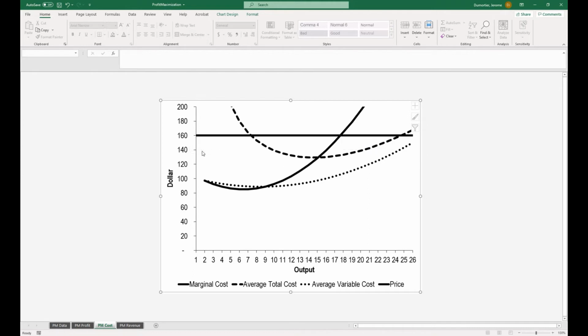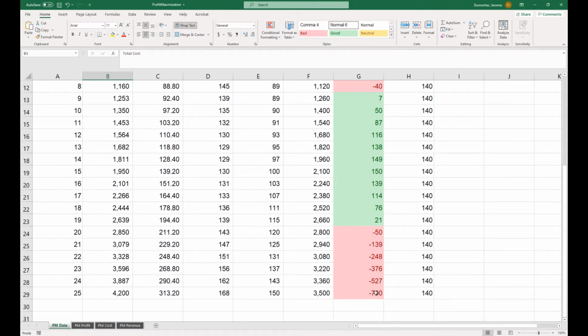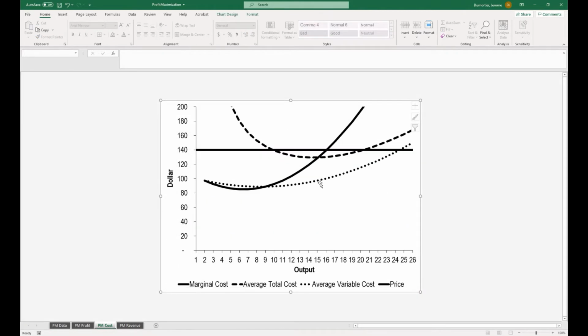And we have also seen that at any other price below that, the firm is actually setting the price equal to the marginal cost. So even if we are doing this for 150, then the profit maximizing output is around 15 units. And you can see that it is around 15 units where we are maximizing our profit.